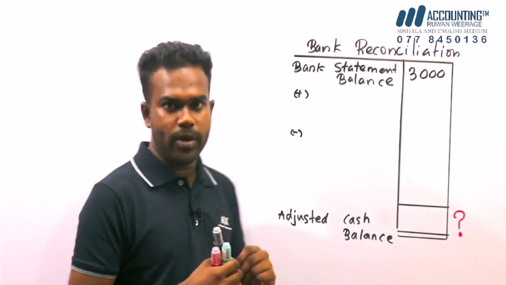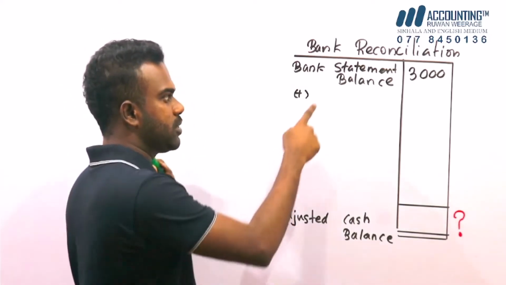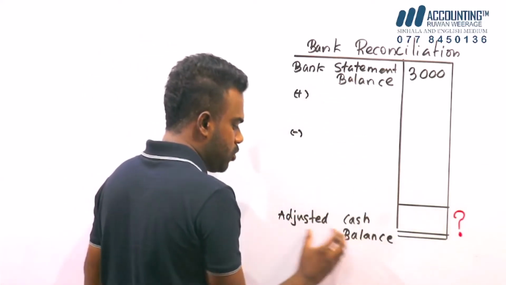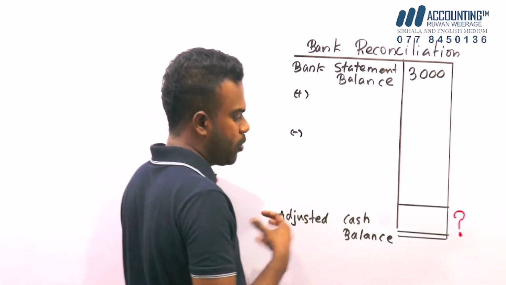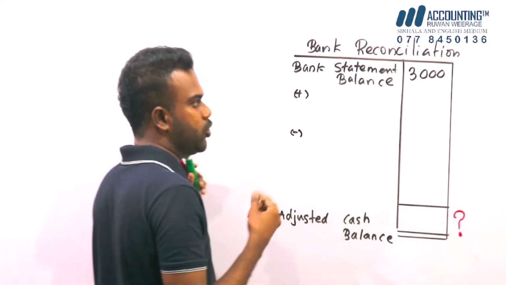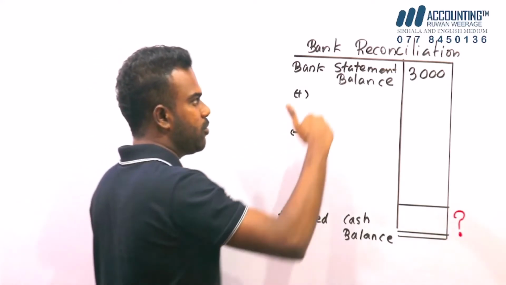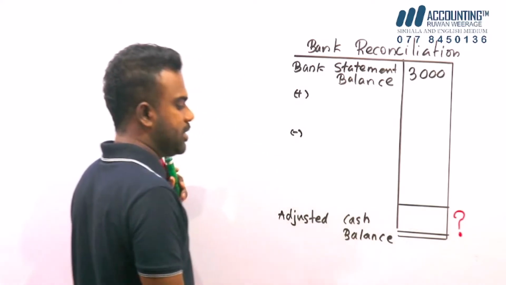But in this question I am going to teach you how to prepare the bank reconciliation starting from the bank statement balance to an unknown. Here we don't know the adjusted cash balance. So I will teach you how to prepare the bank reconciliation from the bank statement balance to get the adjusted cash balance.